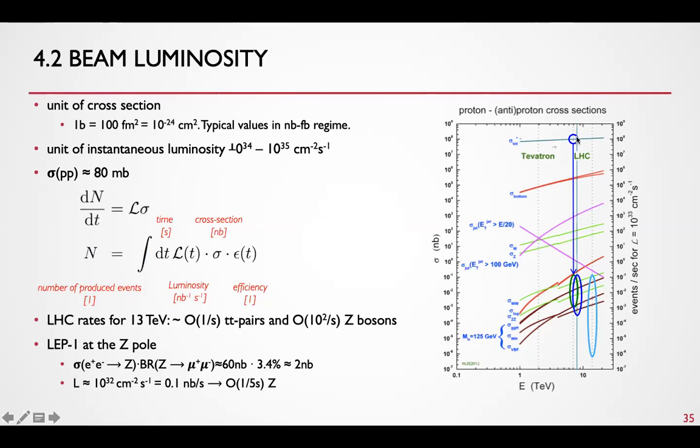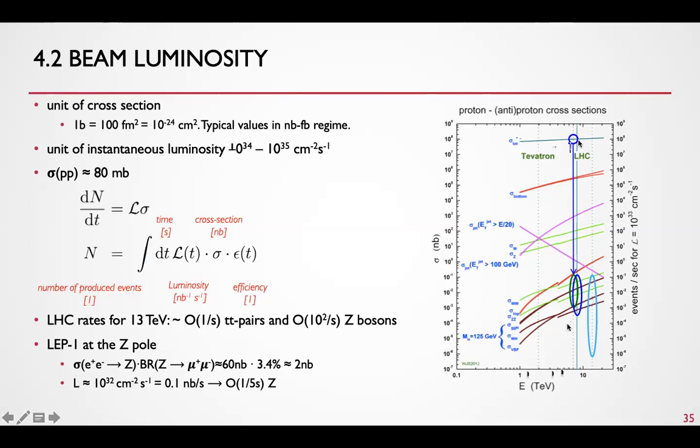Here is where we currently are, at an energy of square root of S of 8 TeV, in Run 1. It doesn't matter very much whether we are at 8 or at 13 TeV. These cross sections do not depend a lot on the energy.